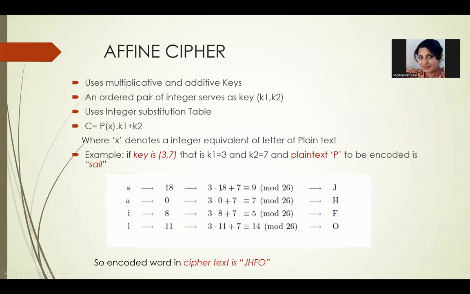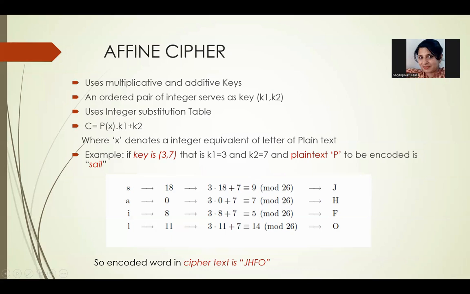3 into 18 gives me 54, plus 7. 54 plus 7 is 61. So if I take the mod of it, 26 into 2 is 52. So 61 minus 52 gives me 9. So it returns me 9.